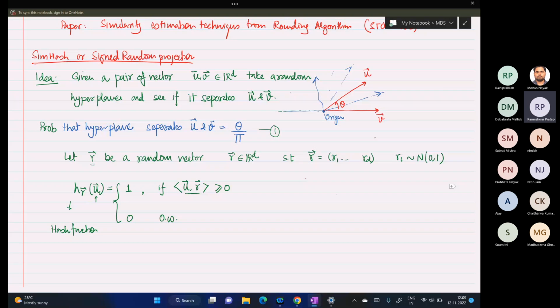We take the dot product of u and r, and if the sign is non-negative the resultant value is 1, and 0 otherwise. So this is the algorithm. Okay.